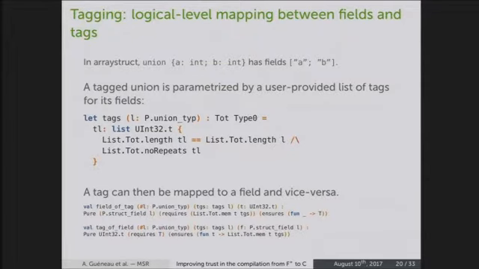So to express that as a library, first we define at the logical level a mapping between fields and tags. What I mean with fields is that in RStruct, if you have, for example, a union with 2 fields A, B, then you have materialized in RStruct a list of fields as strings, field names. And similarly, a tagged union is parameterized by a list of fields for the underlying union and a list of tags for these fields.